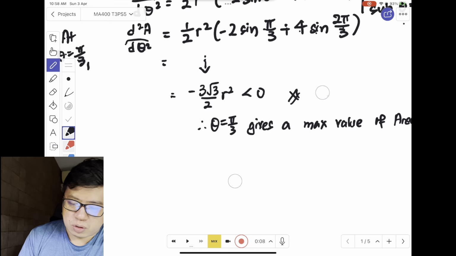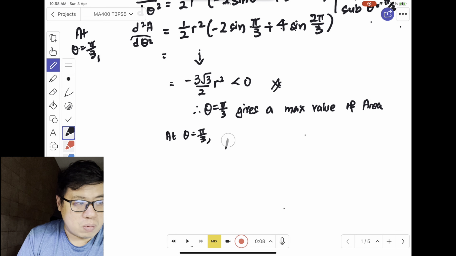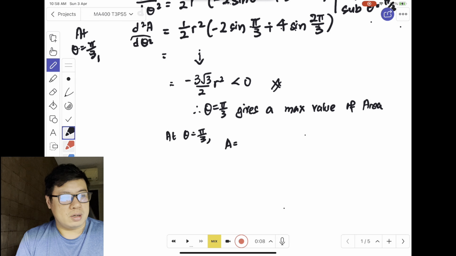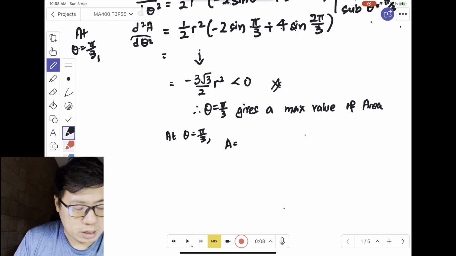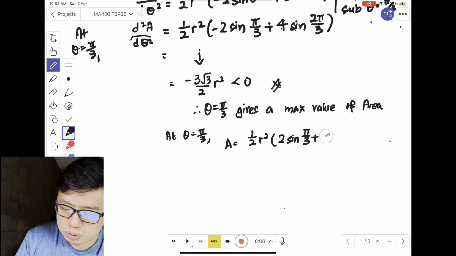So at theta equals to pi over 3, remember our area formula just now was half r square times 2 sine theta, which is pi over 3, plus sine 2 theta.